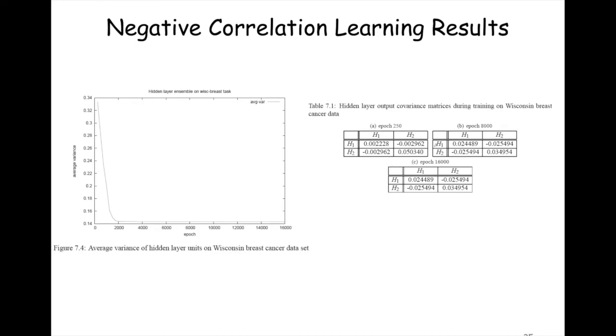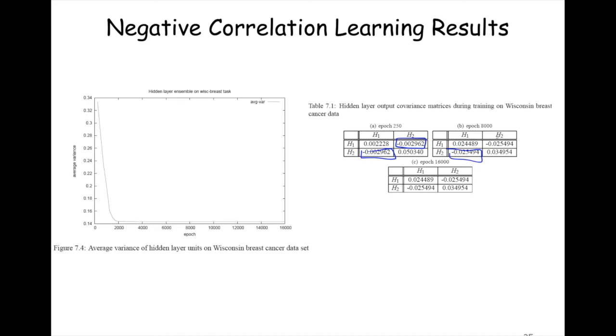So if we look at the covariance matrix, the average variance along the main diagonal gets smaller and smaller over time as you increase the training. That's the average. But we'll notice here the off-diagonal terms get more and more negative.